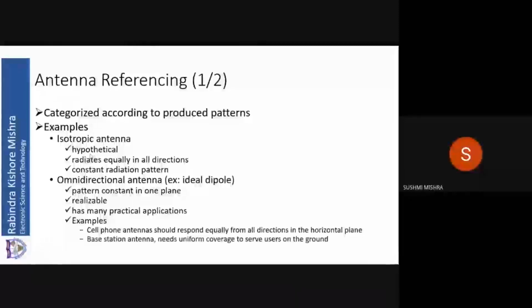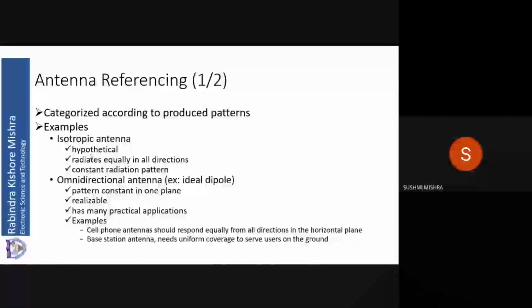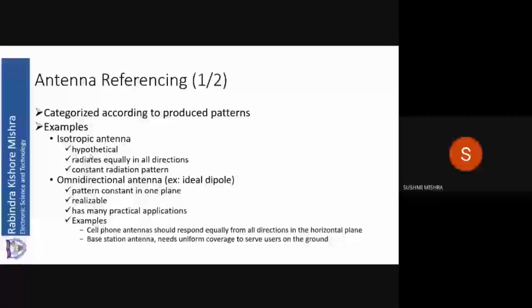They should respond equally from all directions in the horizontal plane, so they require an omnidirectional antenna. Similarly, the base station antenna should radiate equally in all directions in the horizontal plane, or you have to design an antenna system in the base station so that it radiates equally well in all directions in the horizontal plane, so that users can receive the radiation on the ground.